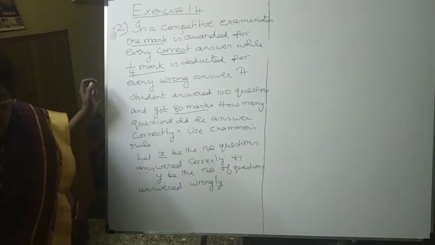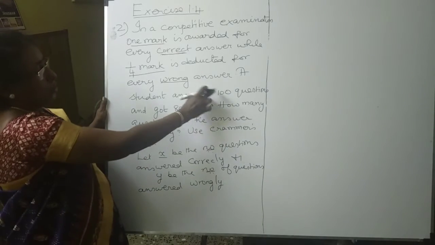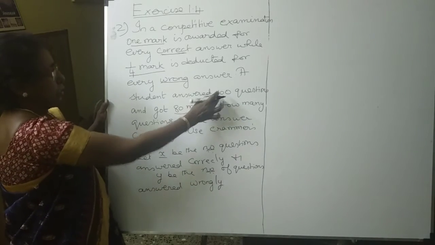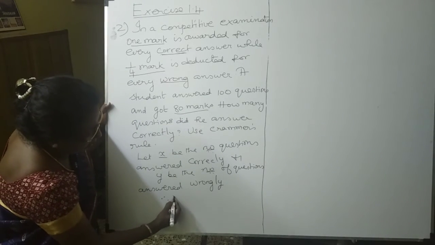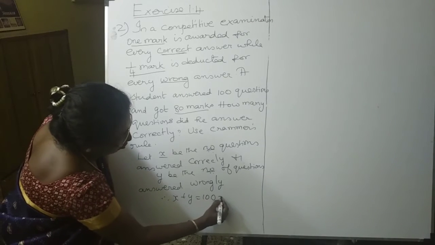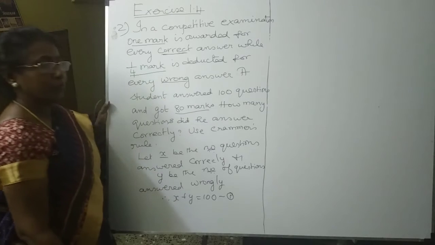Now see, he is answering 100 questions on the whole. So correct questions plus the wrong questions is 100. Therefore, we get x plus y is equal to 100. This is your first equation.